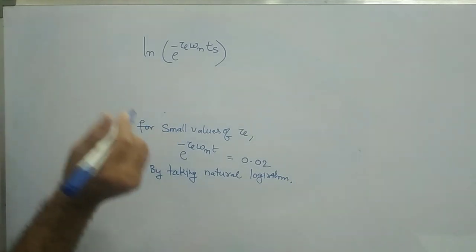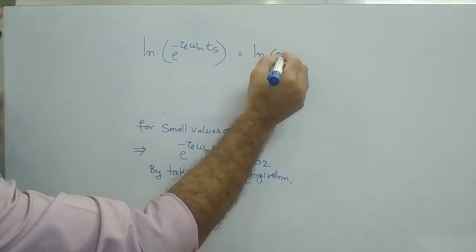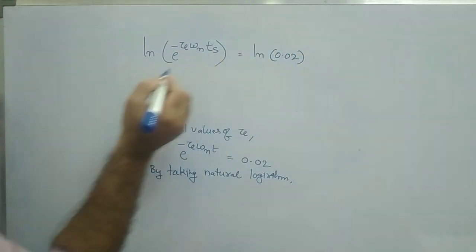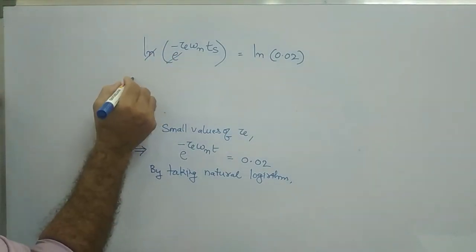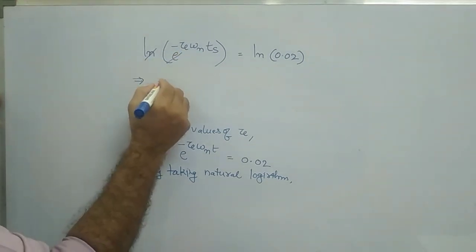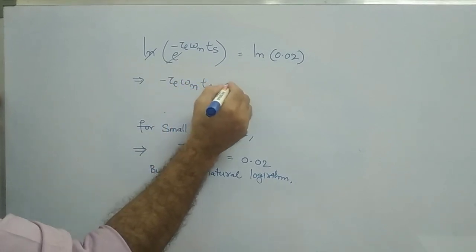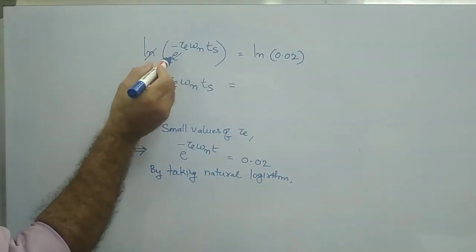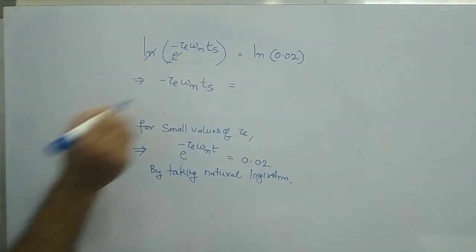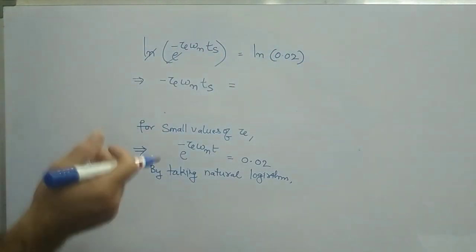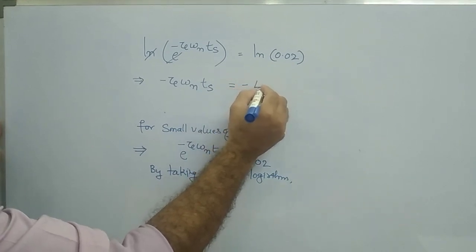In this expression you substitute in place of t as ts, as we have substituted in previous presentations. So it is ln of 0.02, natural logarithm. Then this natural logarithm ln and exponential will be cancelled out. Then you will have minus zeta omega n into ts is equal to ln of 0.02, and if you calculate from your scientific calculator, you will get minus 4.